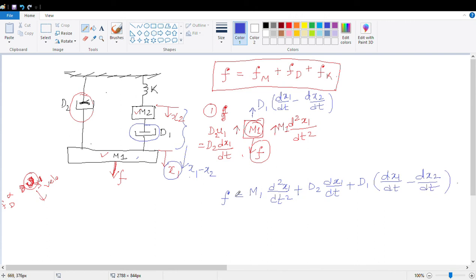So this is the first equation we got from this mass M1. I think you understood.